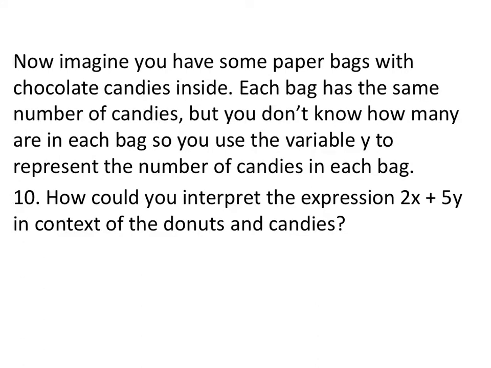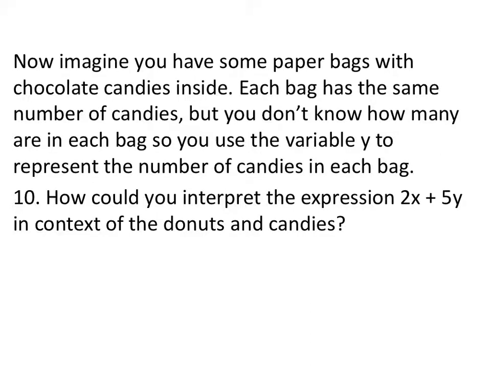Now imagine you have some paper bags with chocolate candies inside. Each bag has the same number of candies, but you don't know how many are in each bag. So you use the variable y to represent the number of candies in each bag. How could you interpret the expression 2x plus 5y in the context of the donuts and candies?